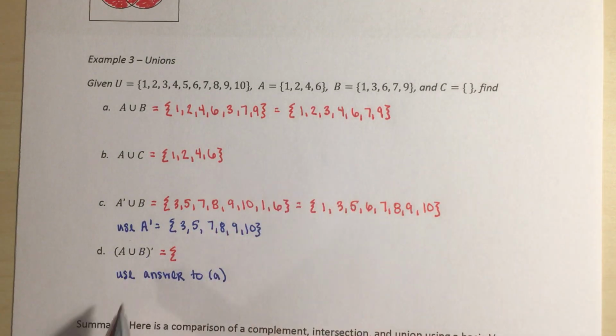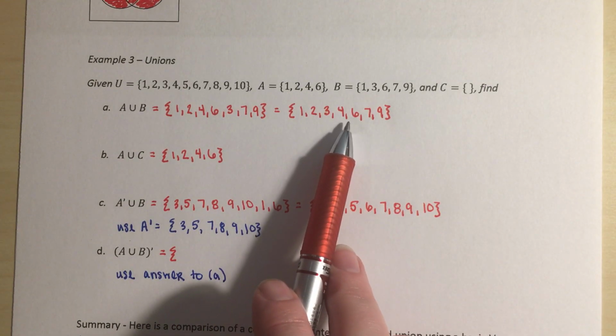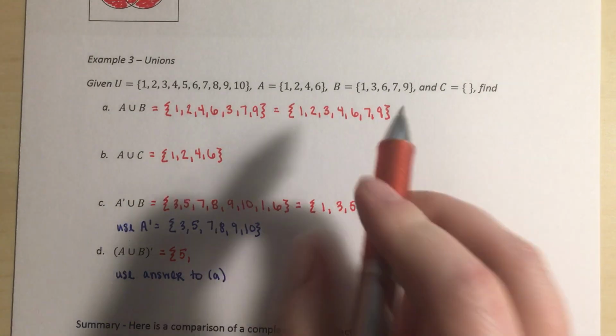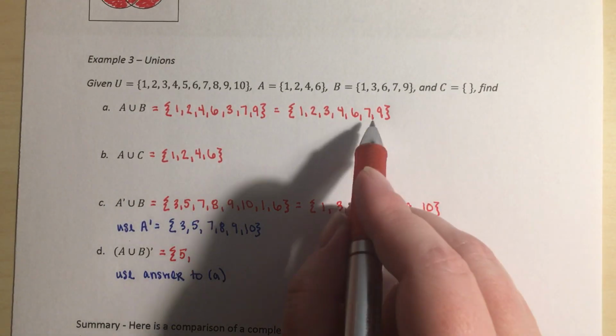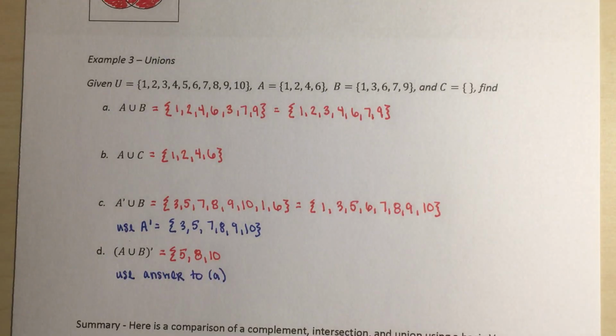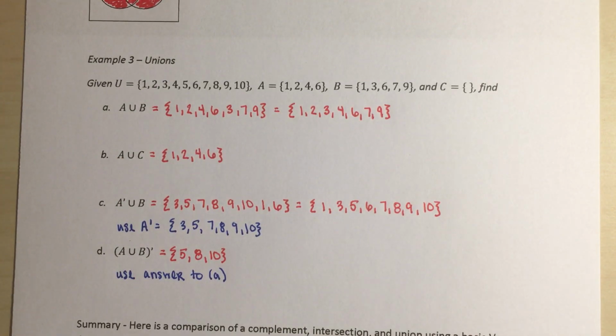So that's what we mean by complement. So 1 through 4 are in there. 5 is not in there, so we want to include 5. 6 and 7 are in there, but 8 is not, and 10 is not. So we're going to have 5, 8, and 10. So again, we found our union first. We used our answer from A, and then we used that to find our complement for this final part of this example.